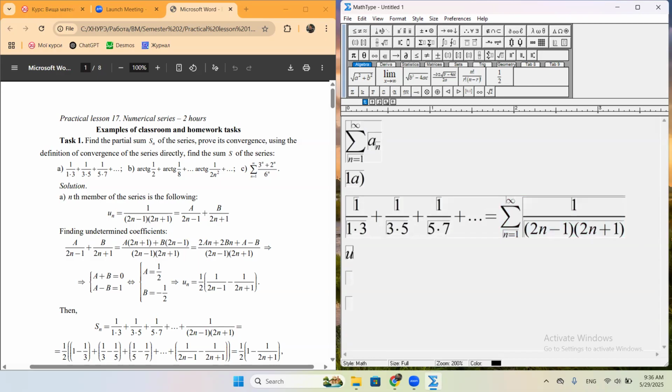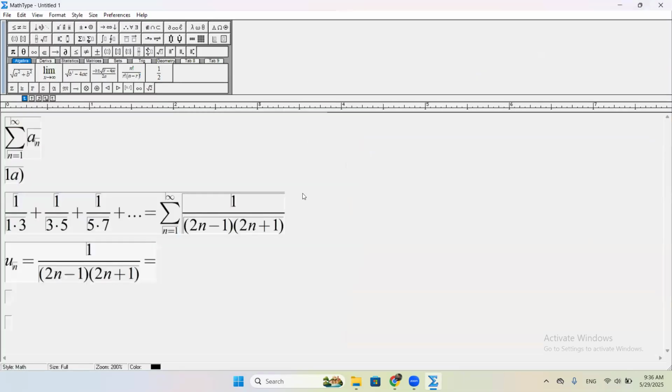So let us write down the nth term. It will look like this. And now let's expand it into simple fractions using the method of undefined coefficients.